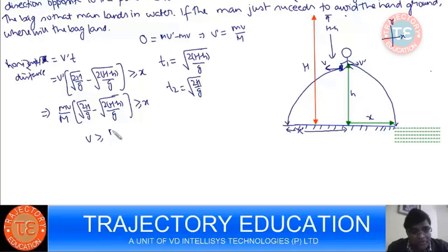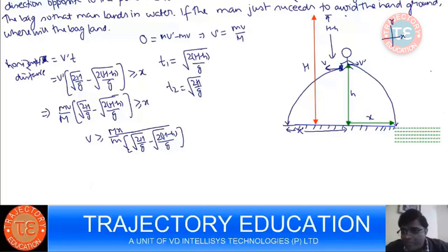So v must be greater than or equal to Mx divided by m times that time.